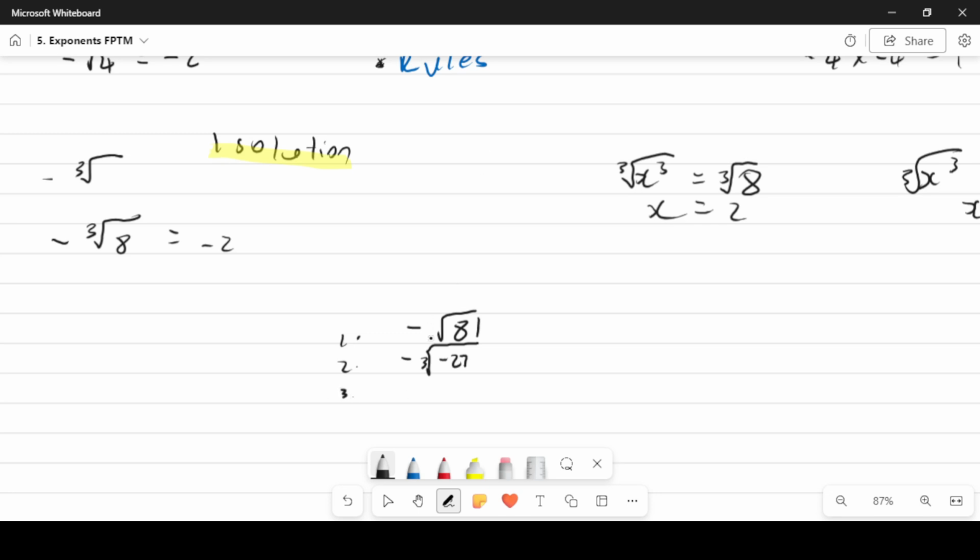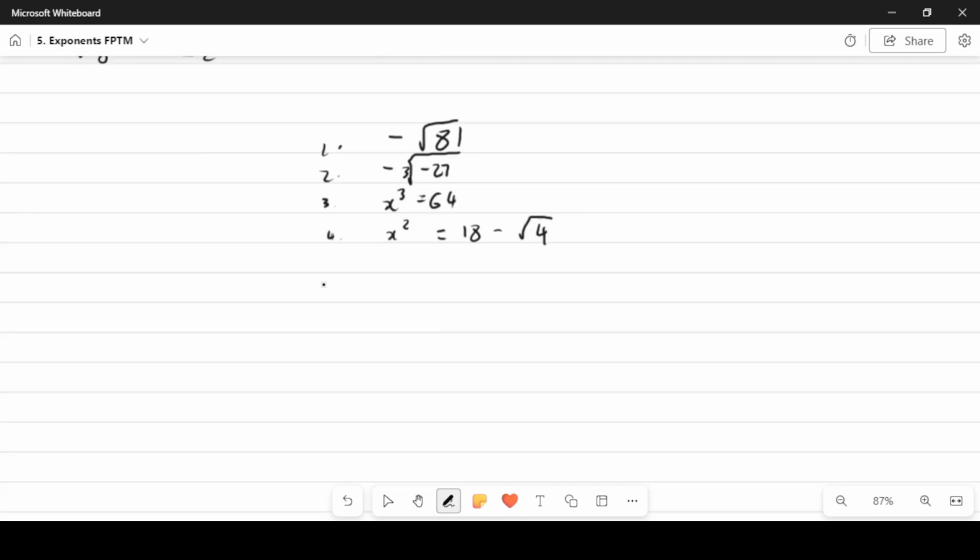Number 3: x cubed is equal to 64. Number 4: x squared equal to 18 minus the square root of 4. Let's say we have something like the square root of 49, or say we have the square root of 49 plus 2 minus the square root of 4. Right? So let's say we have these examples here.